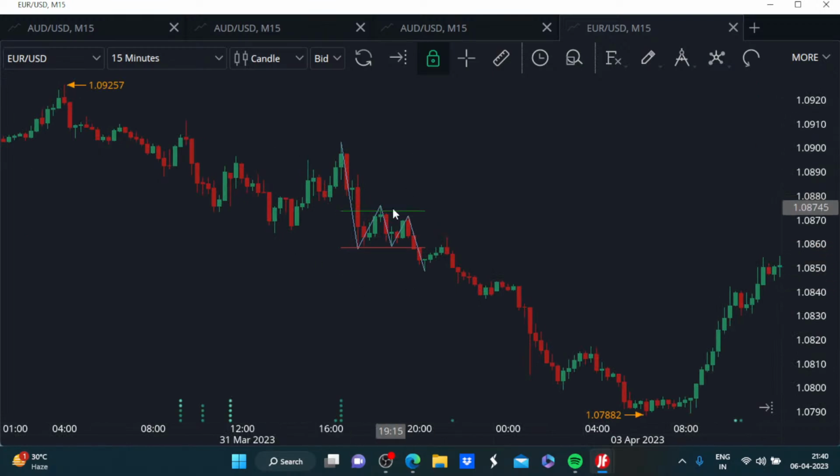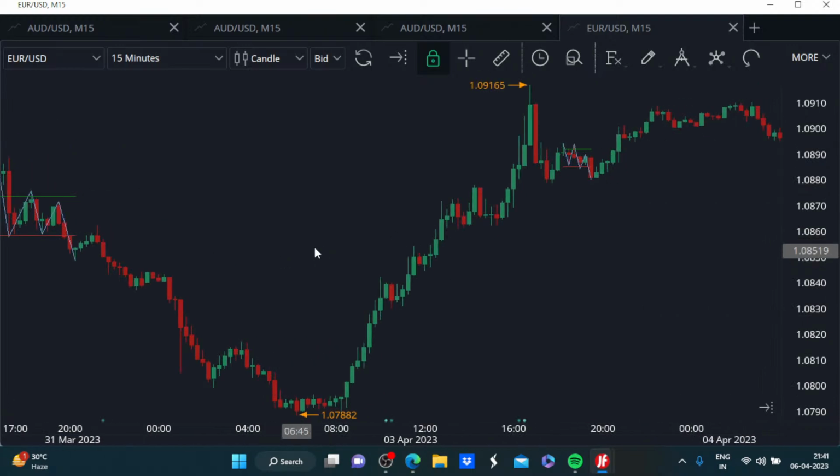Now in this scenario, we saw that this breakout happened on the lower side, then the price move was sustained, and if you were then to short it, you would have made a significant amount of profit with quite less stop loss. But not so much here.